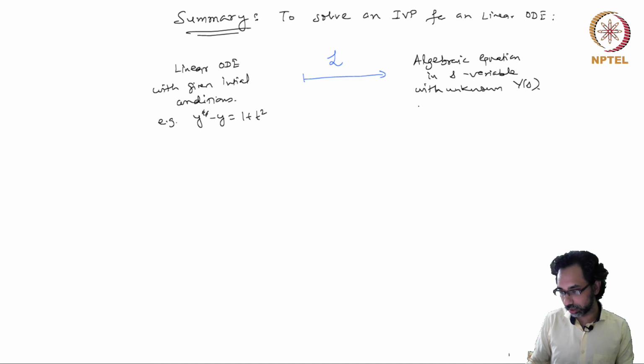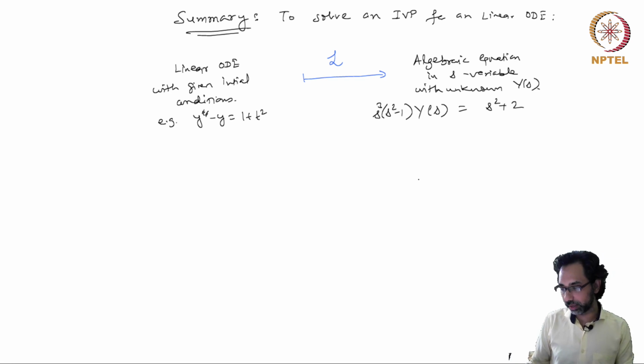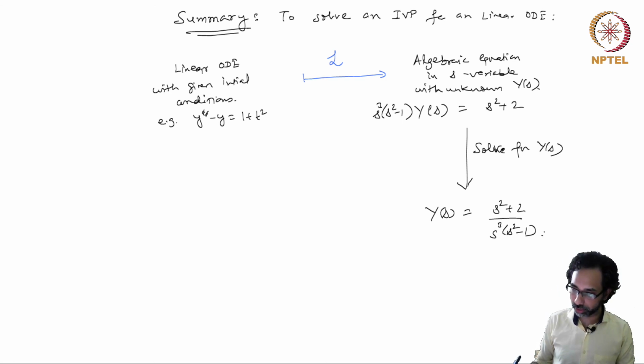So in our example, Y(s) was (s^2 + 2)/(s^3 (s^2 - 1)). You had an equation of this form, and then you can solve for Y(s), and you get simply (s^2 + 2)/(s^3 (s^2 - 1)).